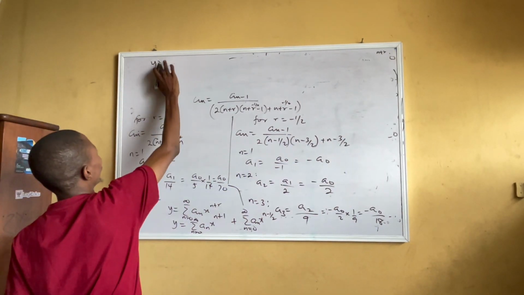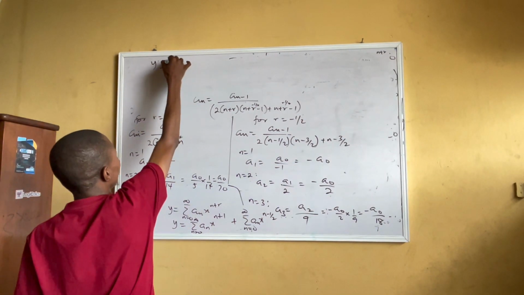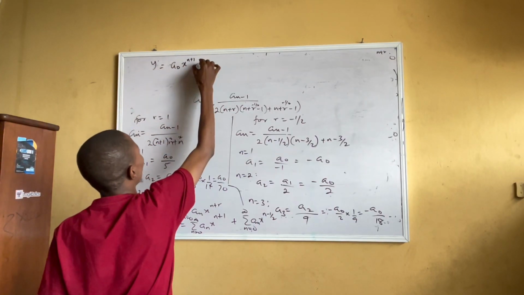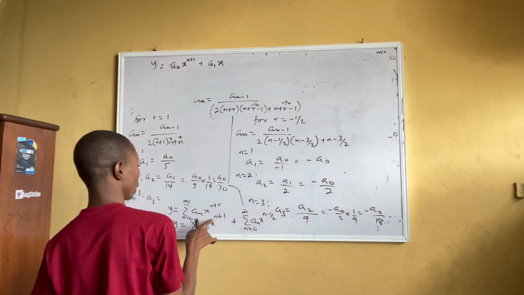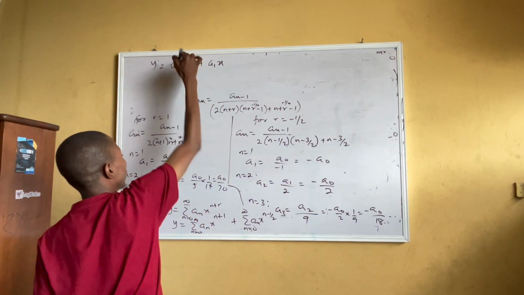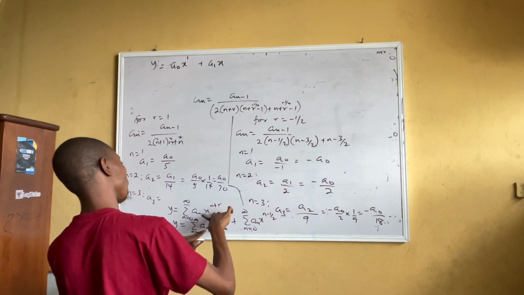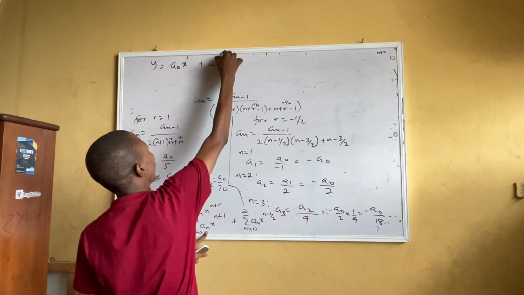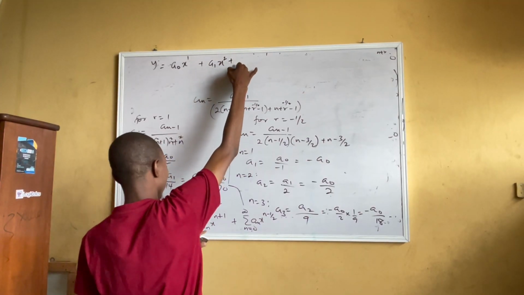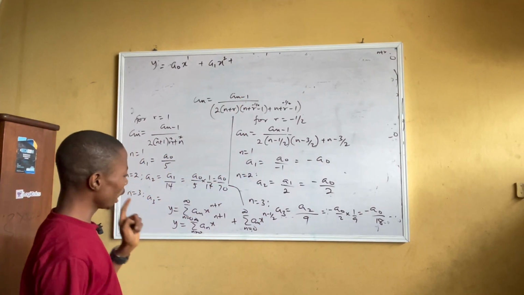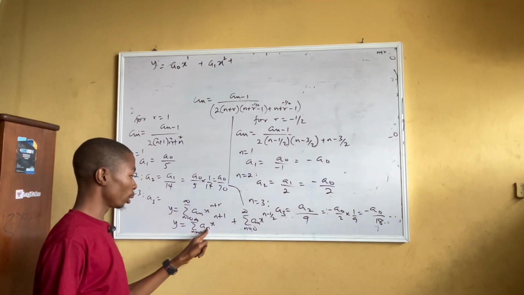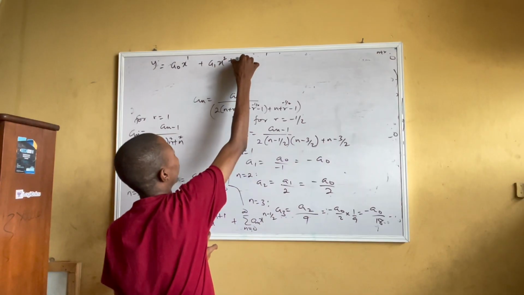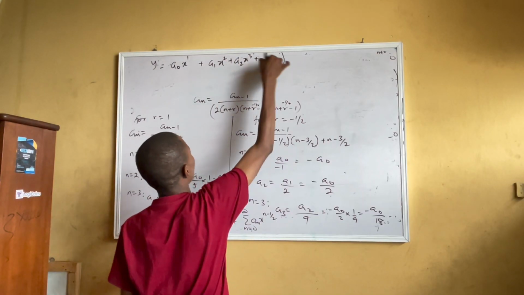So y equals what? Summation. If you expand this, this will be a0 x^(n+1), if n is 0, x just 1. If n is 0, this will be a0 x^(0+1), x^1. Now if n is 1, it will be a1 x^(1+1), a1 x^2. If n is now 2, it will be a2 x^(2+1), a2 x^3, like that.